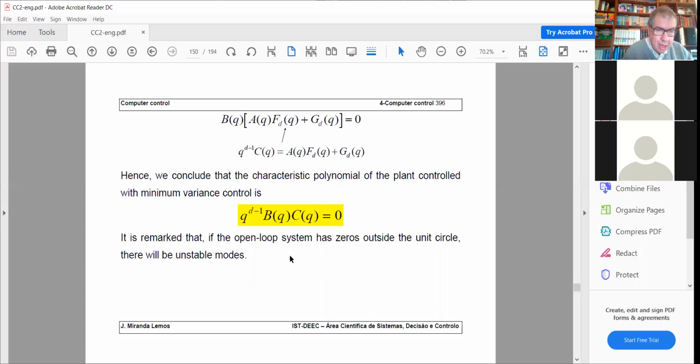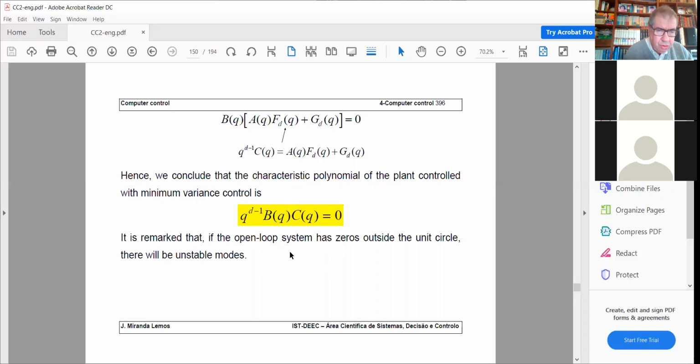Now, I don't know whether you have studied the infinite horizon linear quadratic problem in CE. Some of you have followed the course on control on espaço de estados.